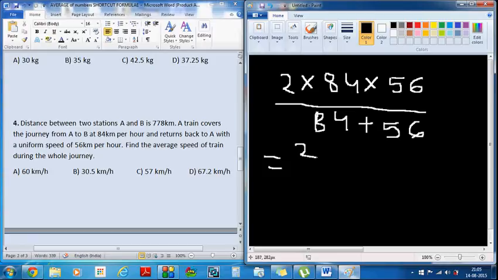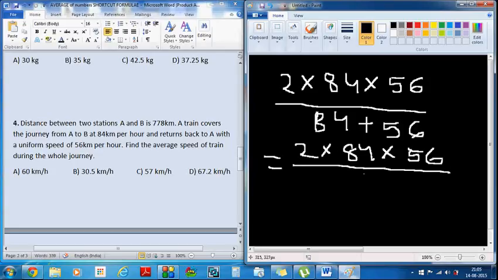So 2 into 84 into 56 by 84 plus 56, which is 140. Then I will cut it by 4, so it will be 14 and 35.